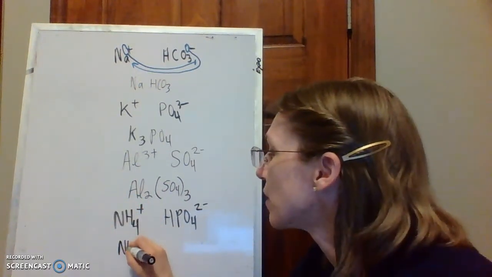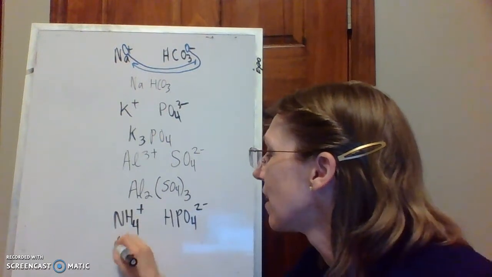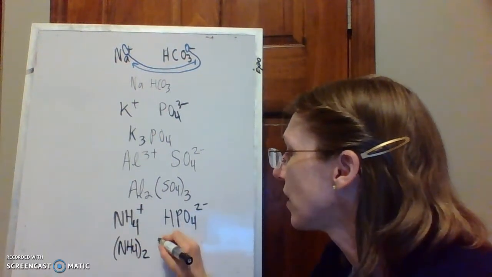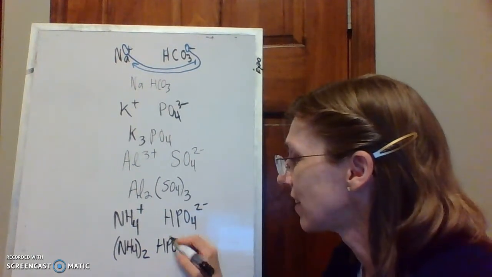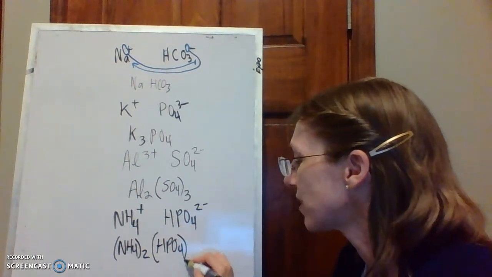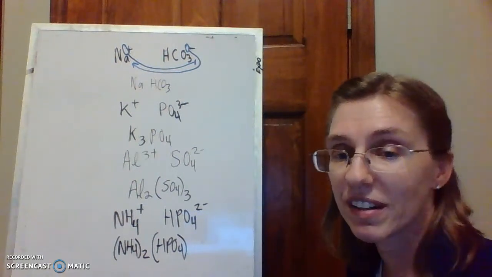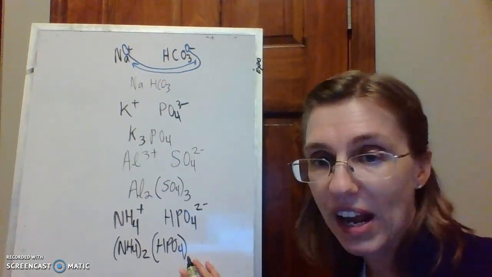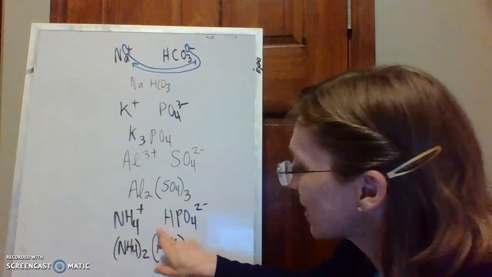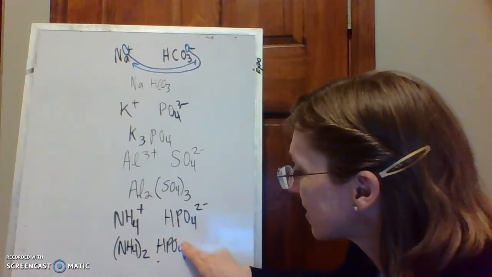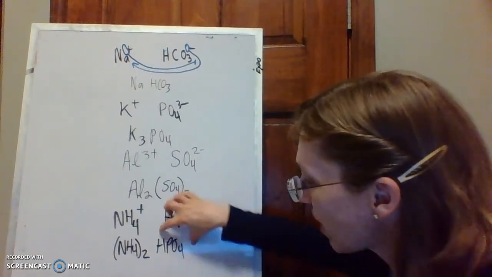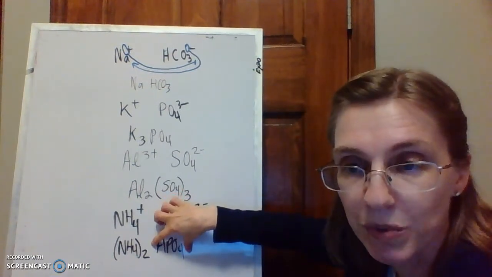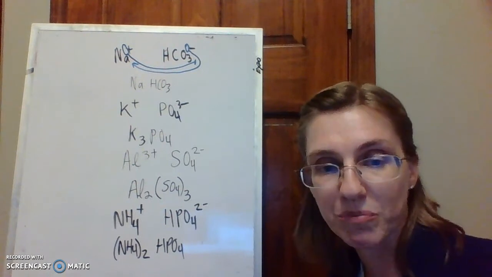So we write the ammonium with a subscript of 2, and the HPO4 has a subscript of 1. Now, if it helps you to write the parentheses there when there's only one, go ahead. I'm not going to take off for it. But technically, we don't need those parentheses. It's just one more thing to write. The subscript is a 1. We should recognize this as a polyatomic because we have a list of polyatomics that we have to know and memorize.